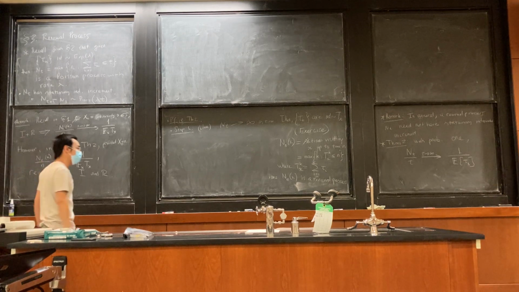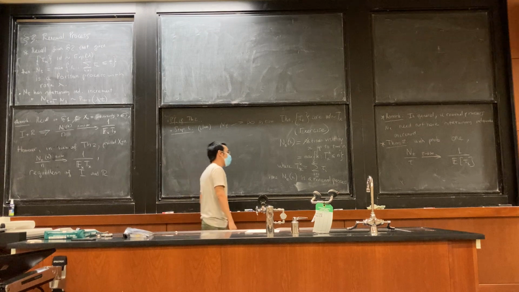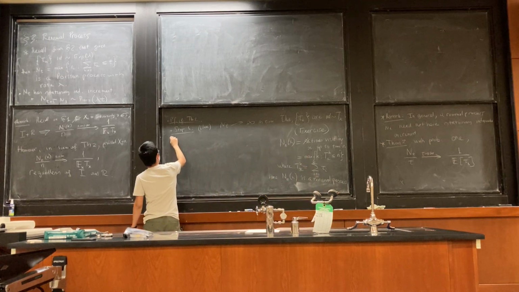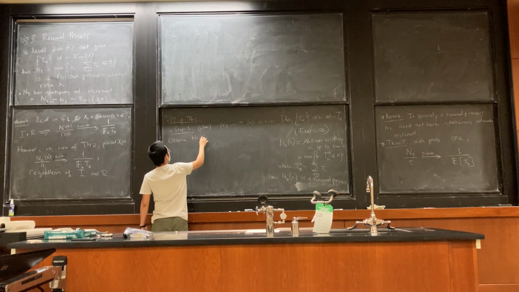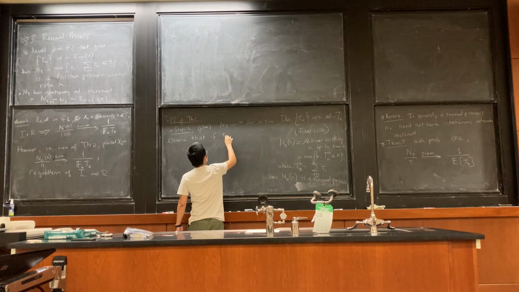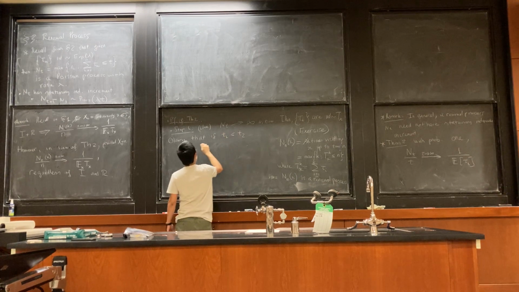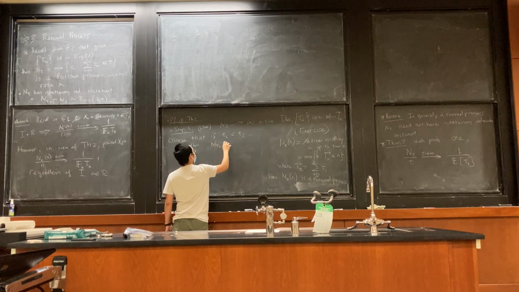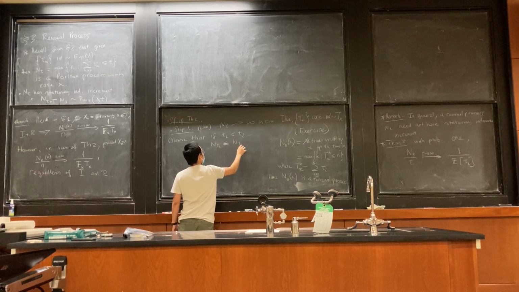The first thing is we observe N_t is an increasing sequence. If t_1 is less than t_2, then N_{t_1} is less than or equal to N_{t_2}.